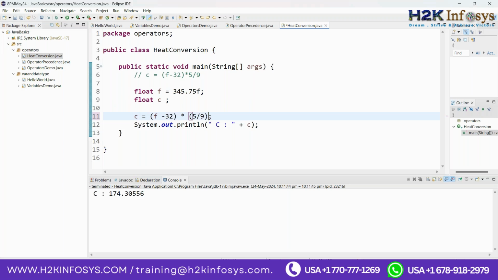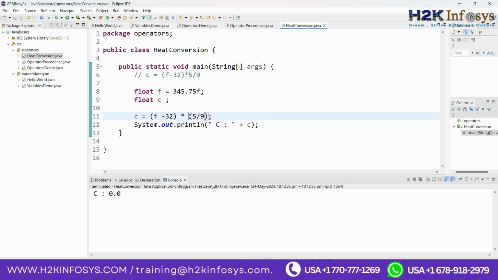The actual formula needs these two to be multiplied and the total value divided. If you do this, are you dividing the total value by 9 or just 5 by 9? 5 by 9, which becomes 0. Observe, your value becomes 0. Wrong. So that is where you need to use your expression properly. Our intention is that the total value must be divided by 9.